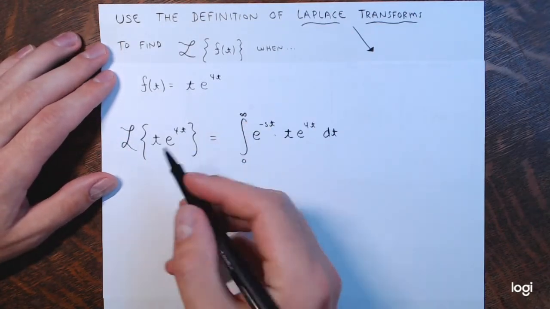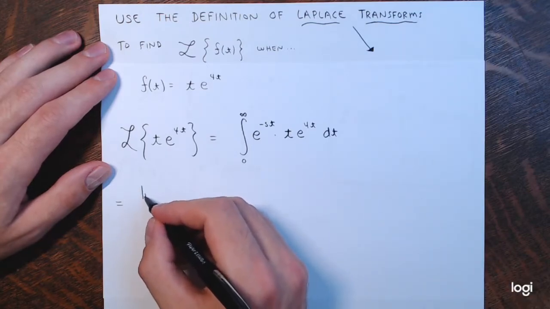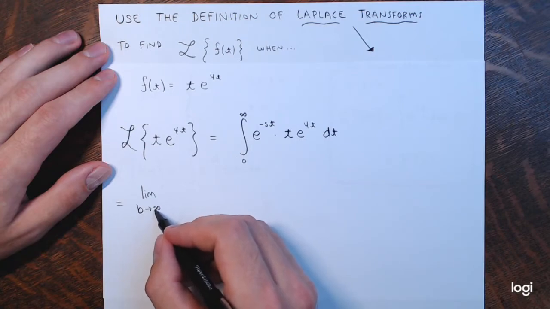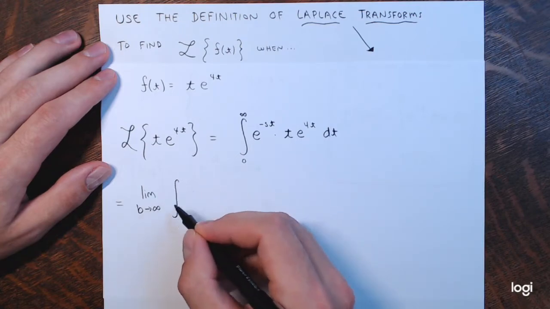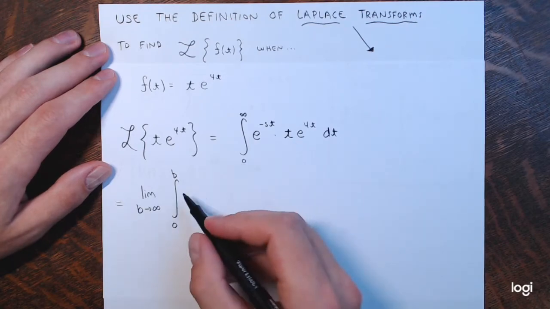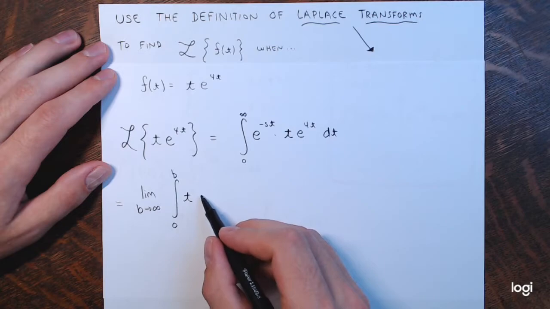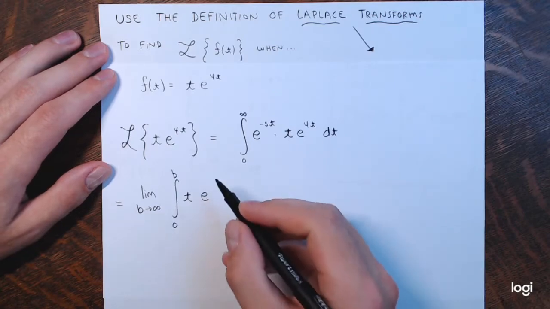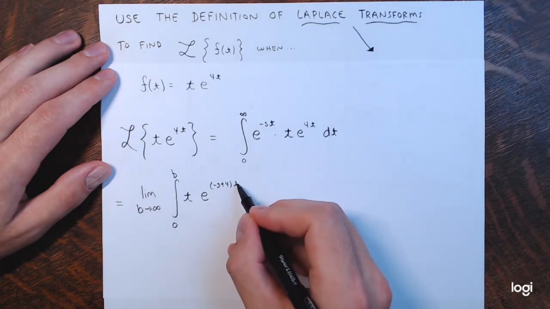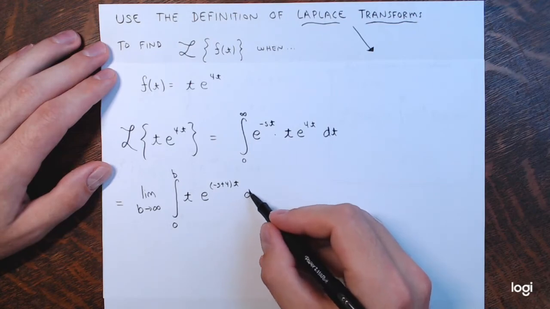Okay, so I'm going to write this out a little differently. As a limit, this is the limit as b approaches infinity of the integral from 0 to b of, and I'll put the t first, t times, and then combine the e's with some properties of exponents, e to the negative s plus 4 times t power, right? And then again dt.